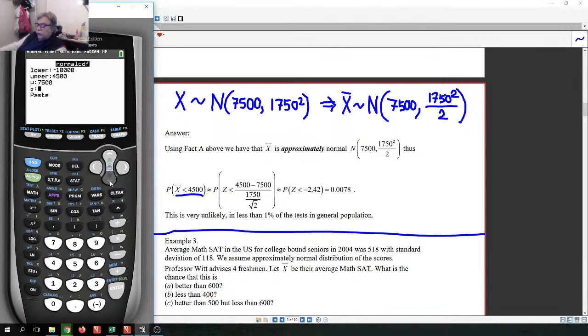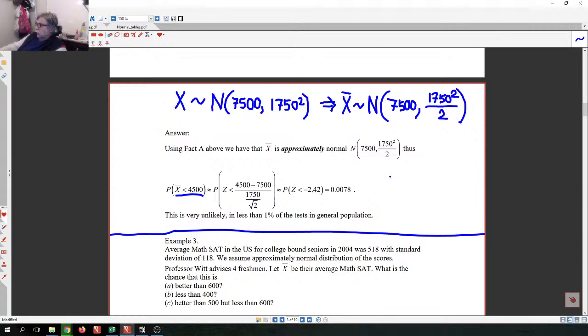And the last thing I need is the standard deviation. The standard deviation of this guy is the radical of this thing here. So when you take the radical of this guy here, you get what I said before, the standard error of the mean.